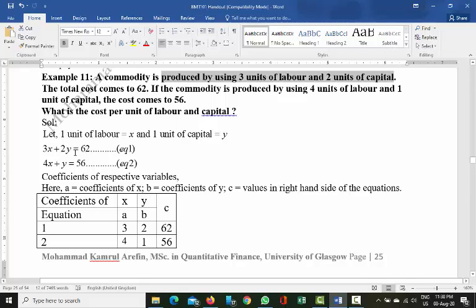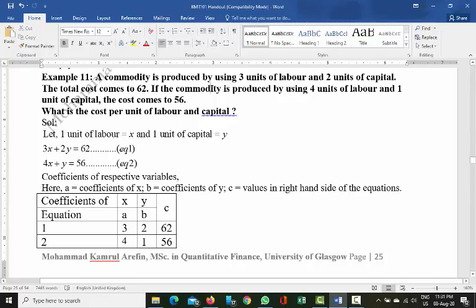So 3x plus 2y, and the total cost becomes 62. 1 unit of labor costs x taka, so 3 units of labor will cost 3x taka. 1 unit of capital costs y taka, so 2 units of capital will cost 2y taka. So 3x plus 2y is equal to 62.